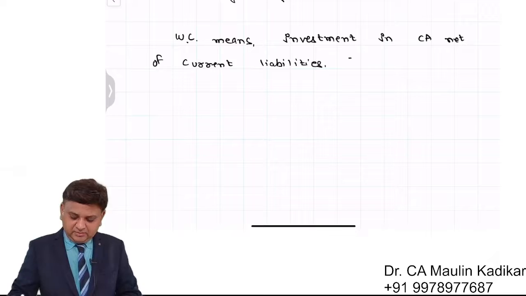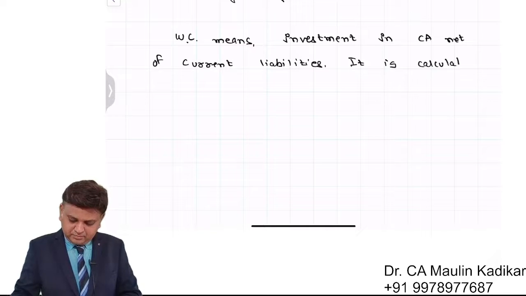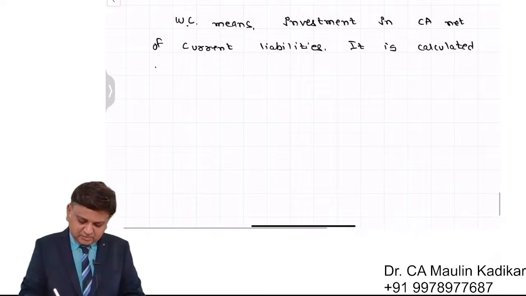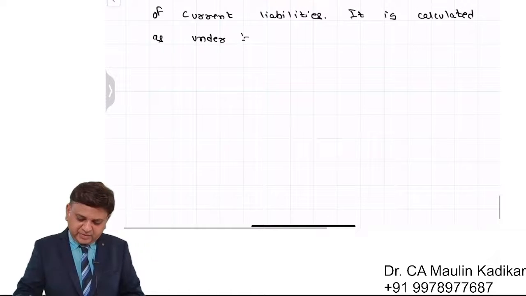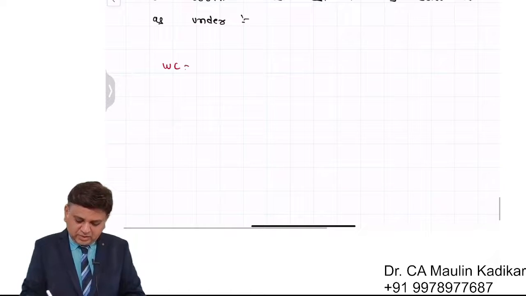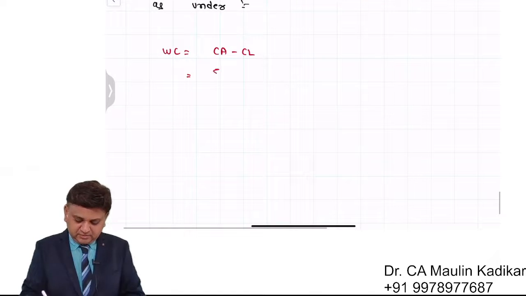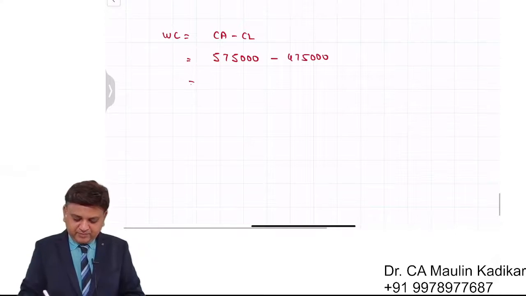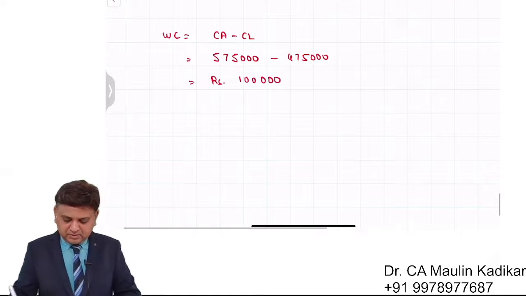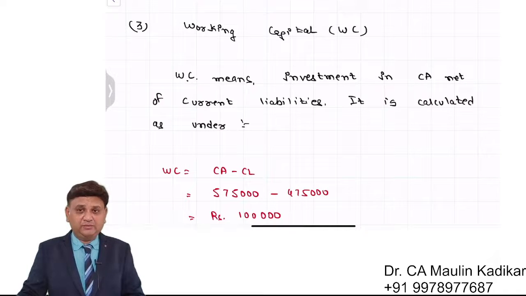It is calculated as under. In that breakdown, working capital is current assets minus current liabilities: 5,75,000 minus 4,75,000, and the answer is rupees 1 lakh. That is the way the working capital is formed.